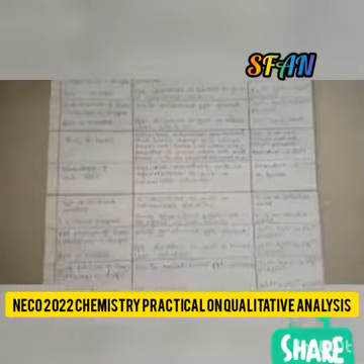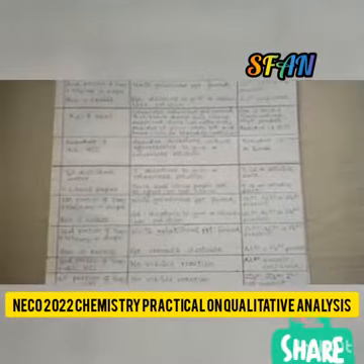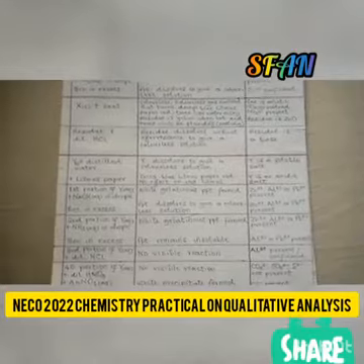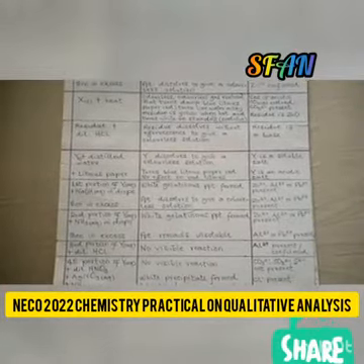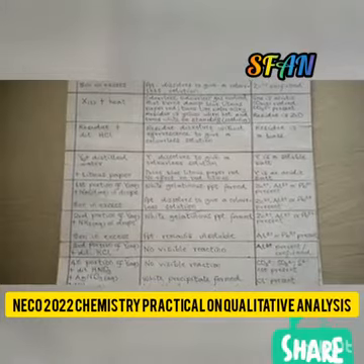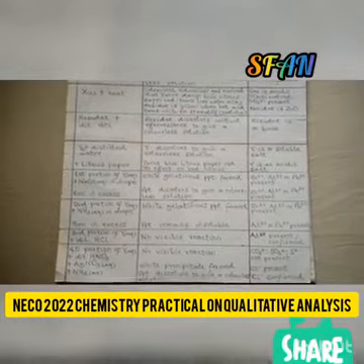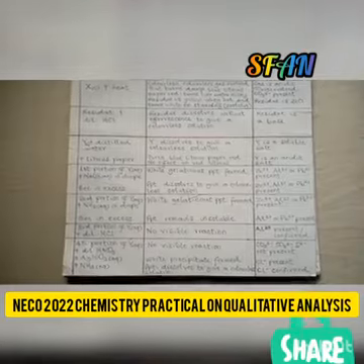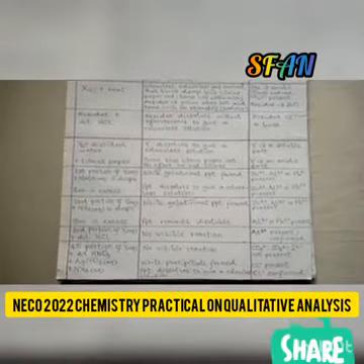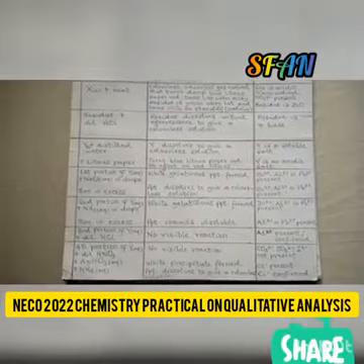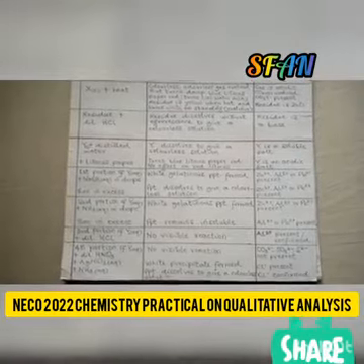Then they might ask you to add dilute HCl to the residue, and you observe that the residue dissolves without effervescence to give a colorless solution, and then your inference will be that the residue is a base. Then the analysis of Y is the same as we did earlier.